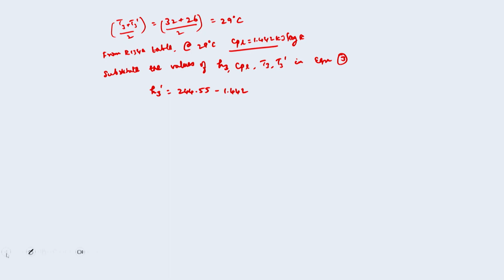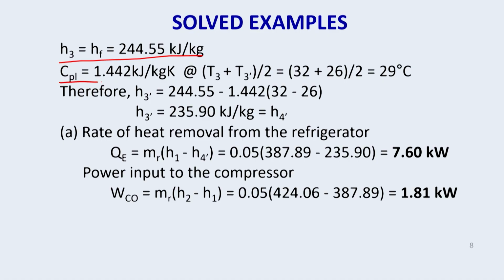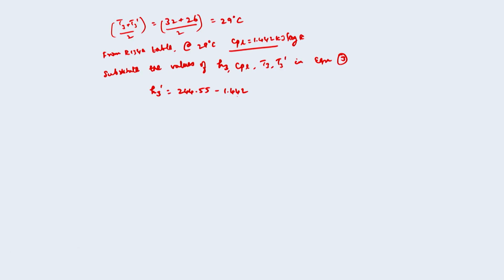Okay, let me check the Cp value. It is 1.442, the average of the Cp value at 28 degrees centigrade and 30 degrees centigrade. 1.442 into delta T. Delta T is T3 minus T3 dash, that is 32 minus 26.